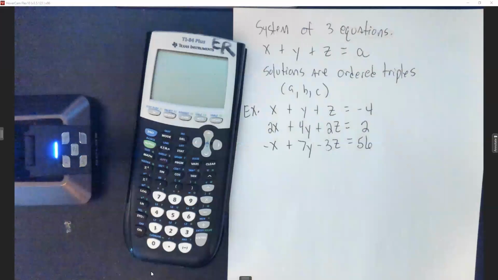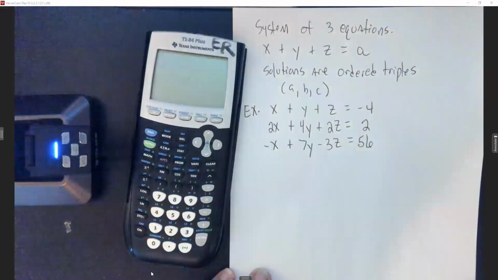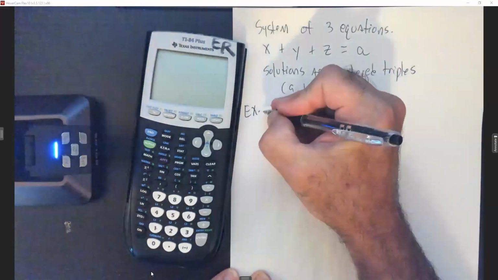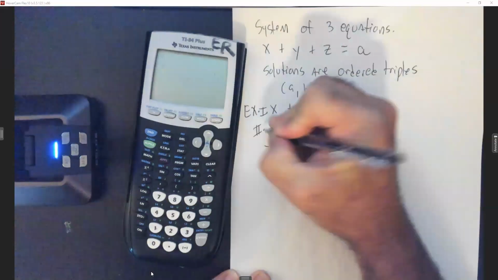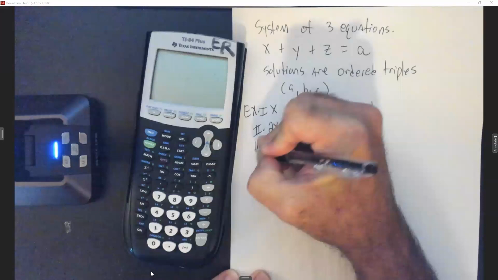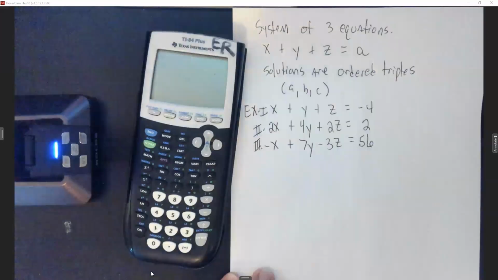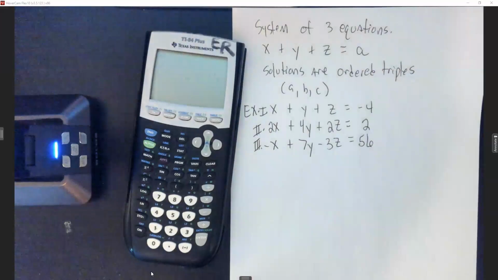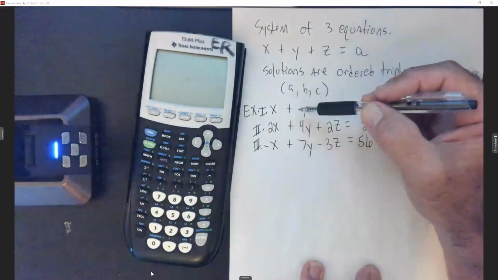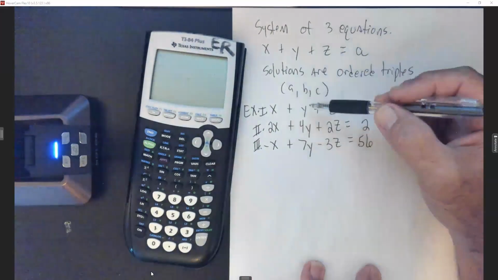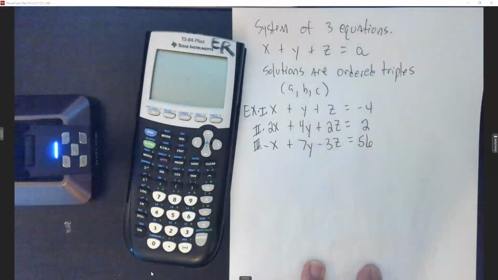So these are a little tricky. Now, I'm going to name these equations, equation 1, equation 2, and equation 3. That way y'all can sort of keep up with what I'm doing with these, okay? So we've got to pick one of these variables that we think will be the easiest to eliminate.